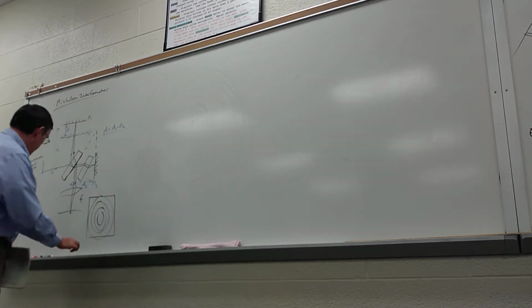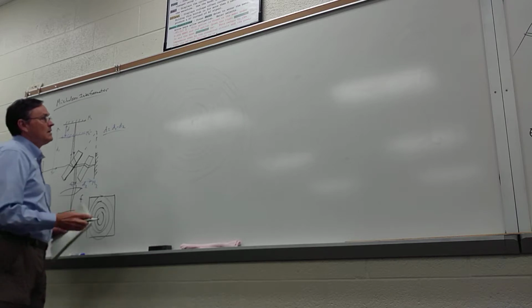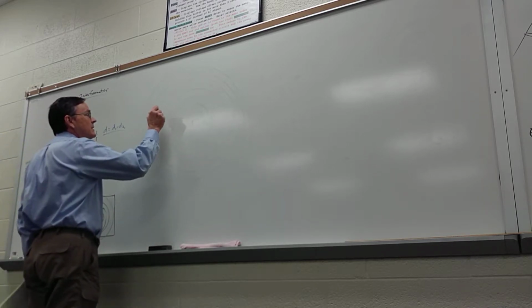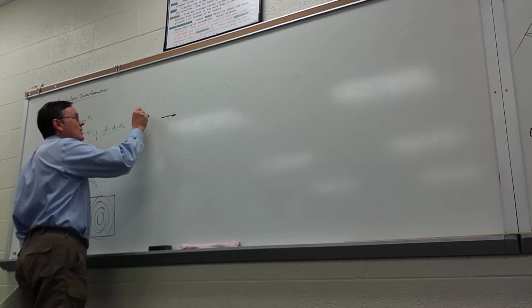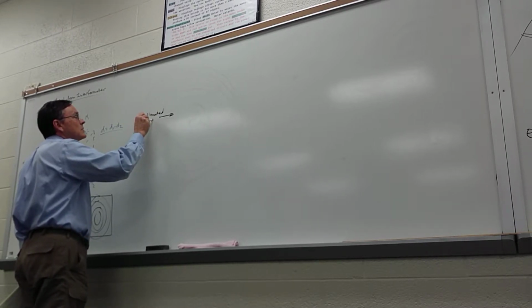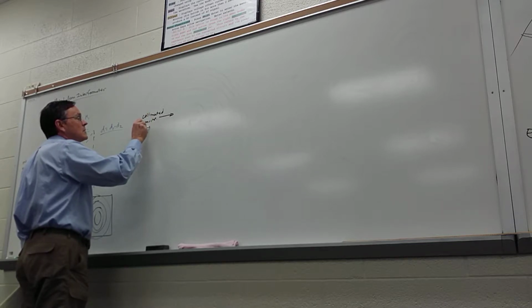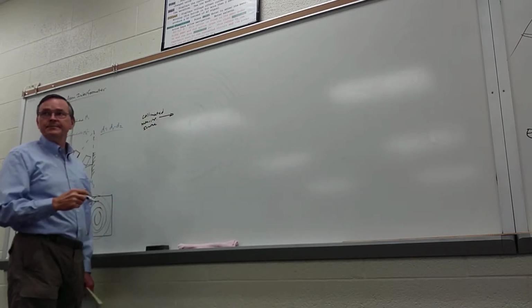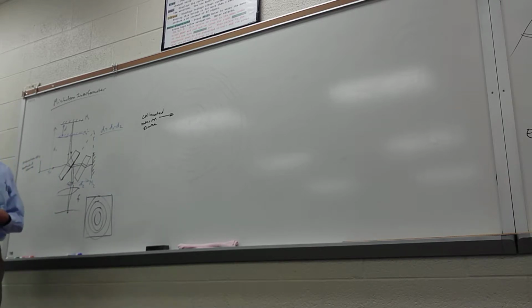Okay, now let's say that we have a collimated monochromatic source, or at least quasi-monochromatic. And collimated means what? Parallel rays? Yeah, so it's basically a truncated plane wave. A plane wave technically extends through all space and time.